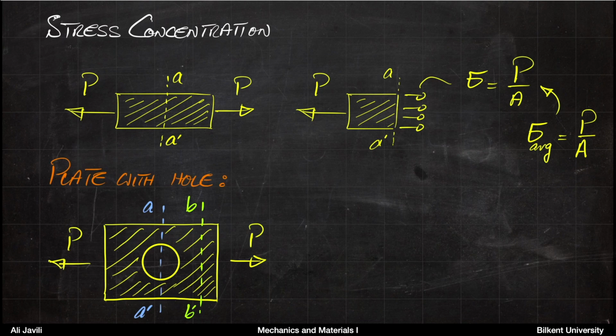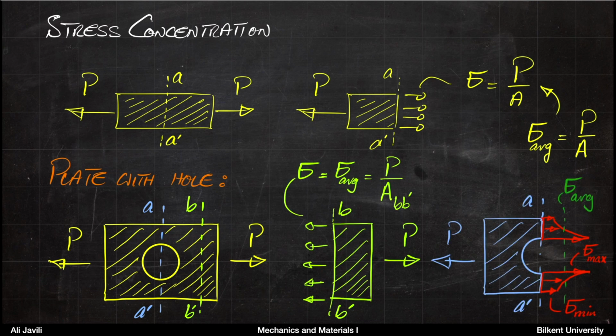However, if we compare that with a slightly more complicated geometry, so let's say you have a plate with a hole in the middle. Now, if you apply the same normal forces to the plate, you can imagine that if you cut this at two different cross sections, AA prime and BB prime, you may see different stress distributions. And we want to talk about that.